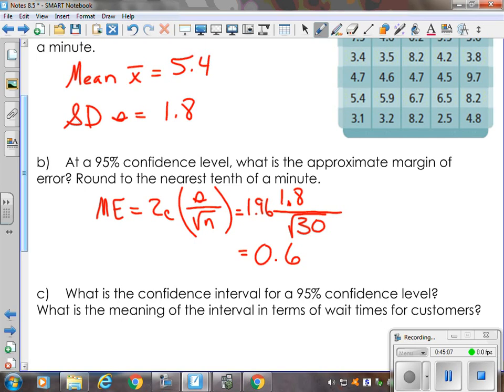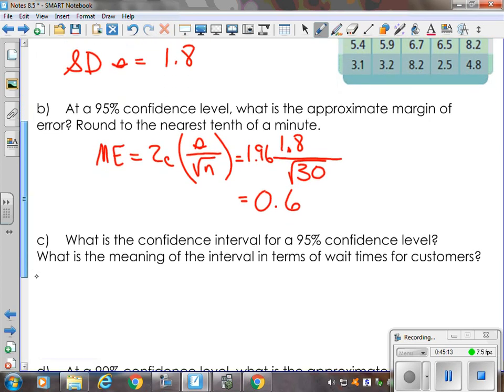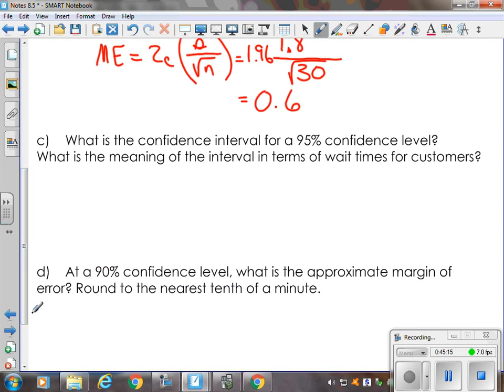Now, let's talk about what the next question is asking us to do, because we have to take that and the question before this and find the actual confidence interval. So now we know the confidence interval is off by 0.6. But what does that actual interval do?